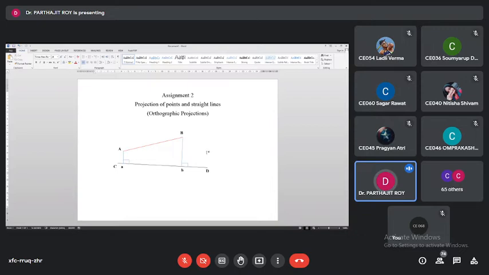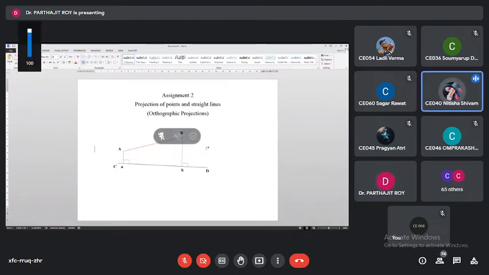If I name the foot of the perpendicular drawn from A on CD as small a, similarly the foot of the perpendicular from B on CD as small b, then small a small b is the projection of the given line on the line CD. Yes or no? Yes, sir.